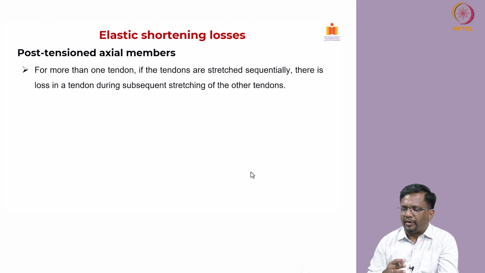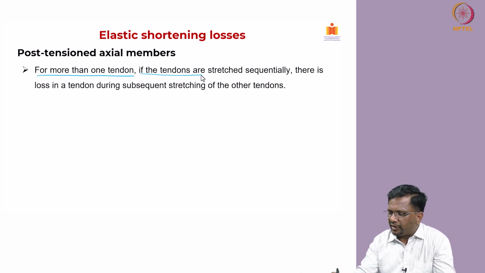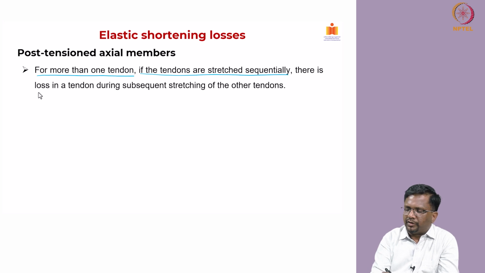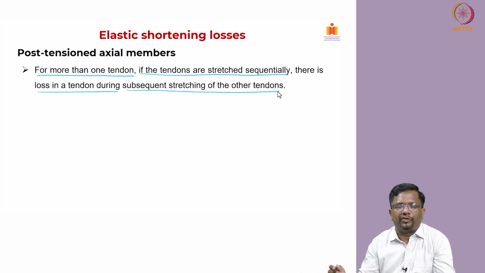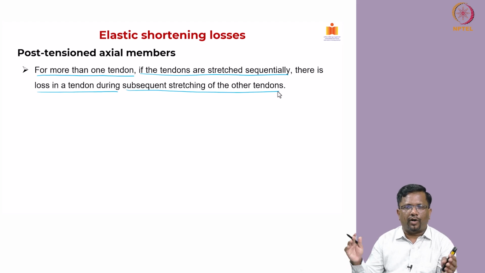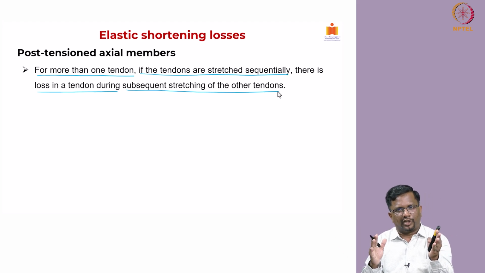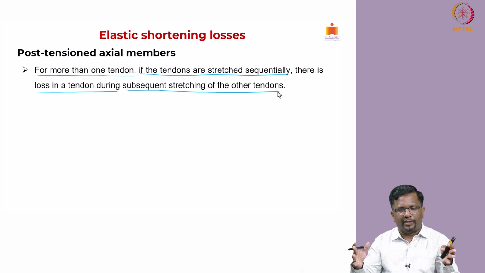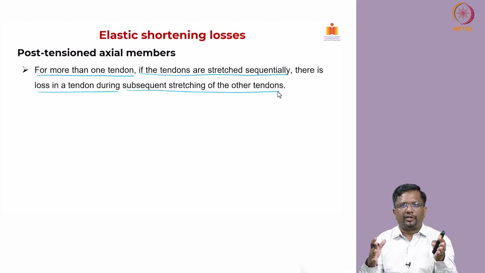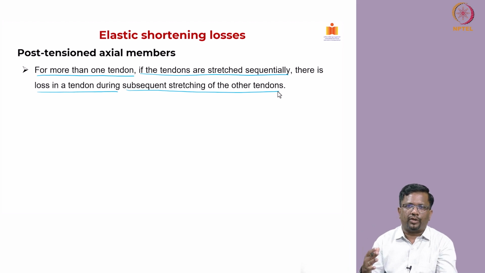simultaneously. However, in case of post tension axial members, if you have more than one tendon, and the tendons are stretched sequentially, then there is a loss in a tendon due to the subsequent stretching of the other tendons. That means, if all the tendons are stretched simultaneously, there is no elastic shortening because the jack is already there, and as the concrete is shortening, you apply more stress to the level you want.